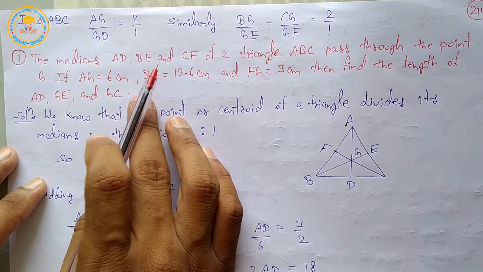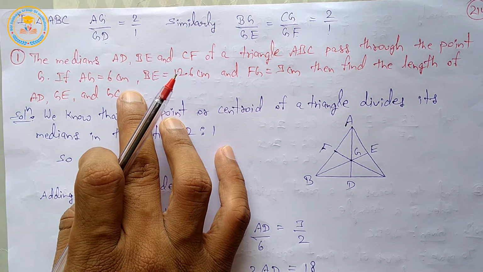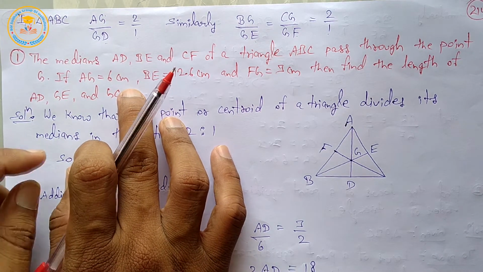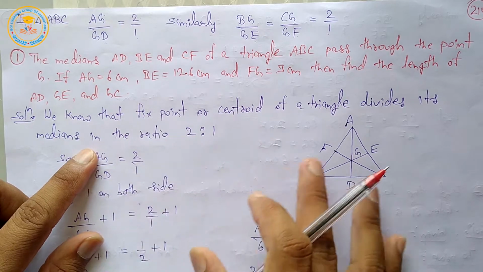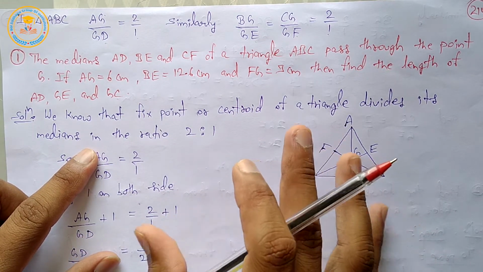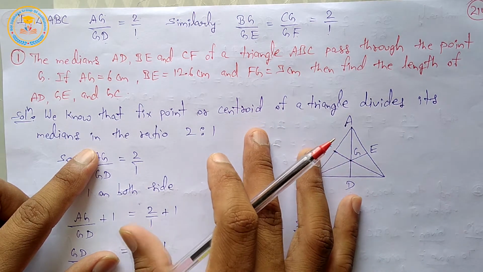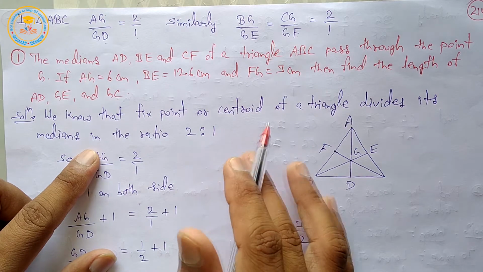Okay. According to the question, the medians AD, BE, and CF. We draw a triangle ABC. In triangle ABC, AD is the first median, BE is the second median, and CF is the third median.